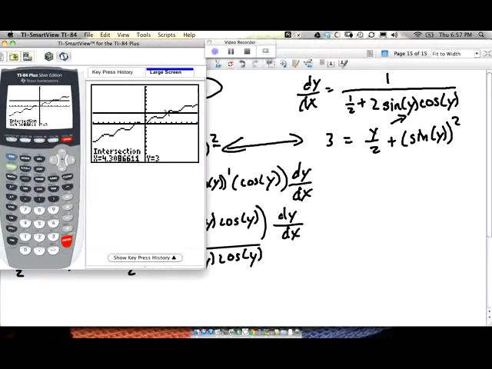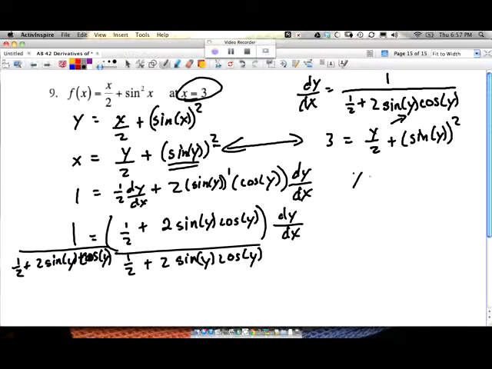My guess is at 4.3086. So over here, y equals 4.3086. Check. So that's the answer. Wait, that's not the answer. That's what we have to plug in to these values.